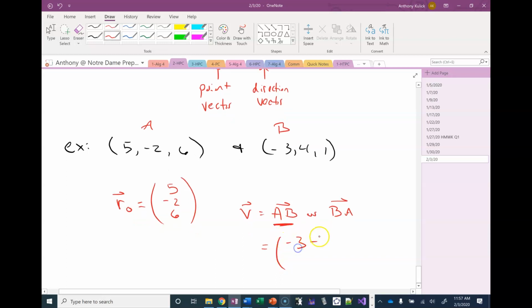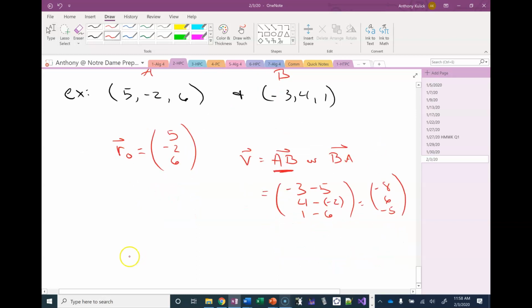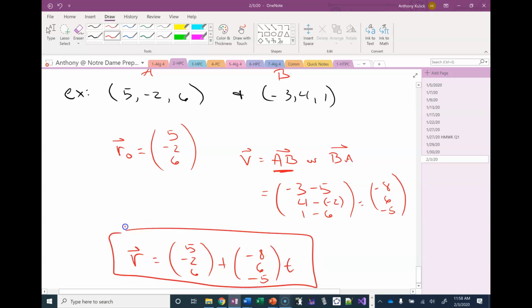So it's going to be -3 minus 5, 4 minus -2, and then 1 minus 6. And so there's my answer.